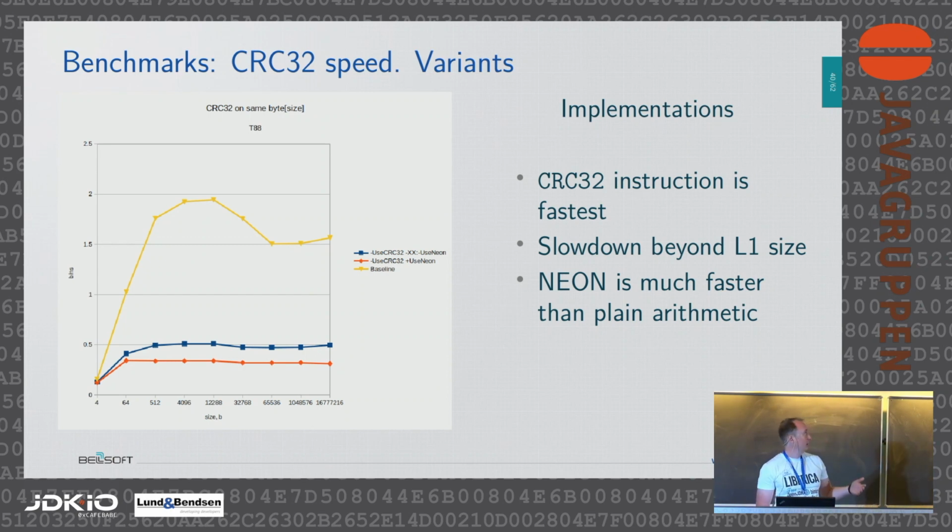So you see how speed depends on block size. That's the plot. And one interesting peculiarity here is that the speed falls down when we worked with data larger than L1 data cache.